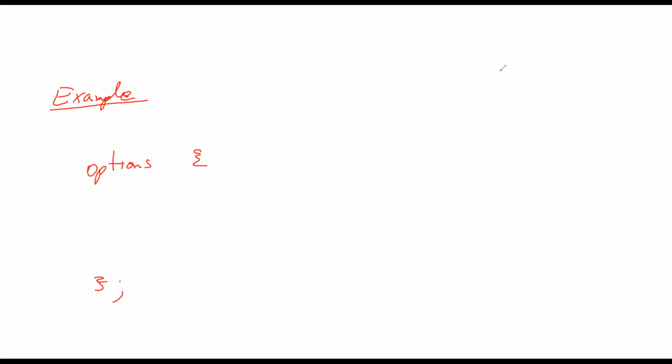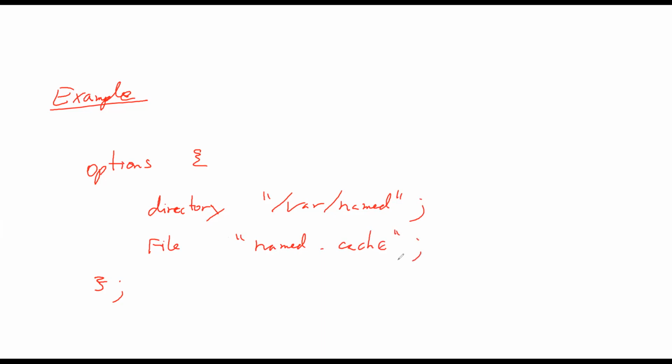And then here, one of the options is for whatever that file is, maybe you have the directory, /var/named somewhere else in the file system, maybe another configuration file is located there, and the file name could be named.cache. Right, so this is just an example to give you an idea of the syntax. As I said, the PDF itself will be pretty clear and descriptive.